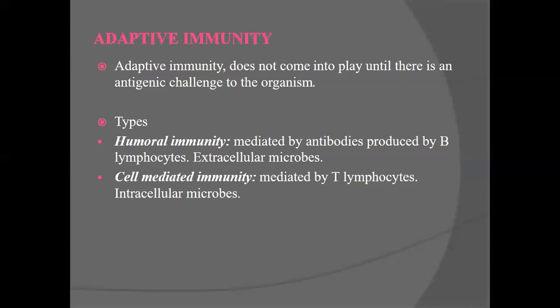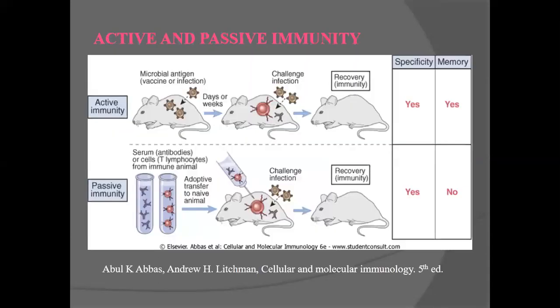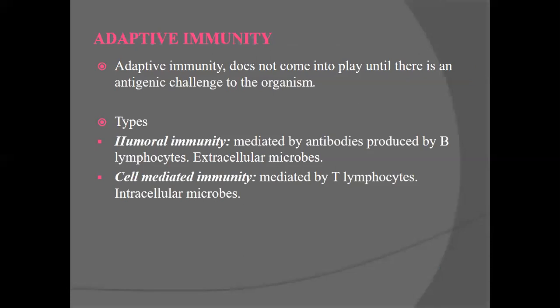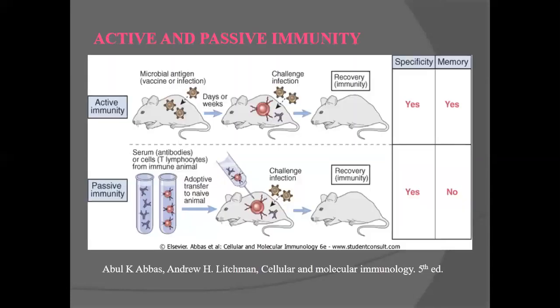Adaptive immunity. You have got humoral immunity, which is by B cells, and cell mediated by T cells. B cells is basically for extracellular microbes. T cell is for the intracellular microbes.